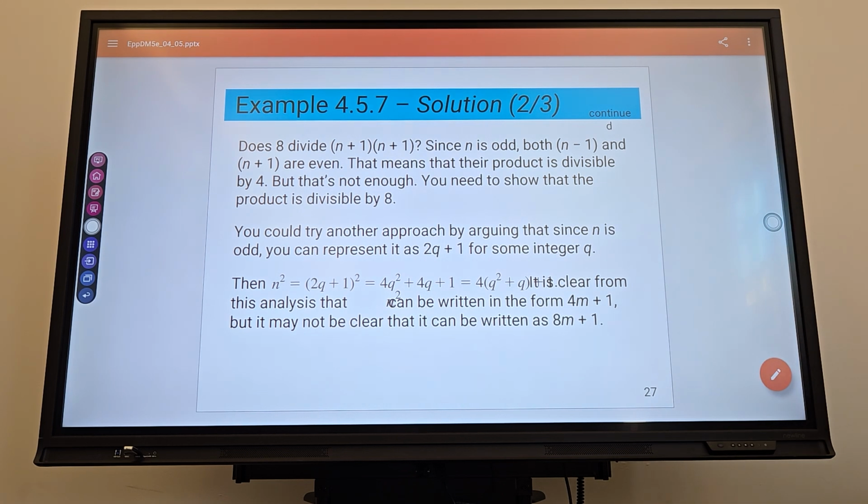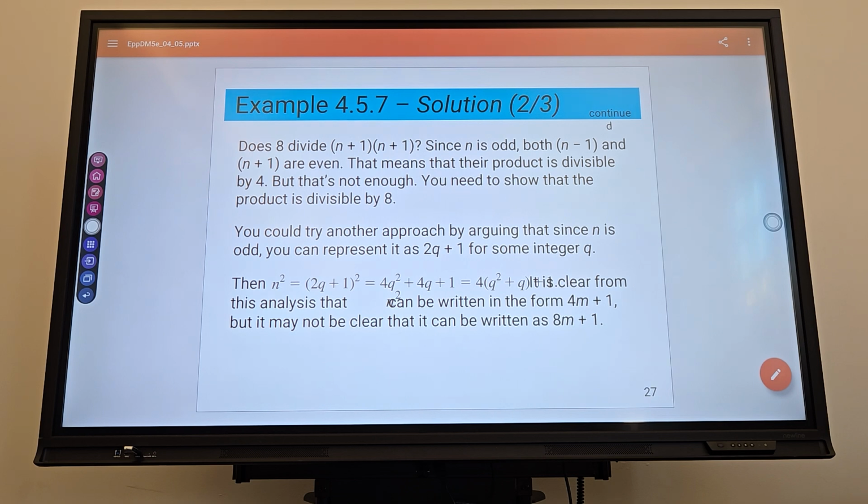They don't say in the slides. But you could try another approach by arguing that since n is odd, you can represent it as 2q plus 1 for some integer q.